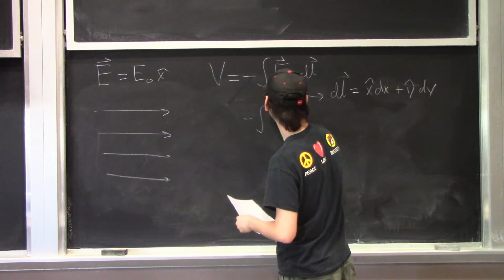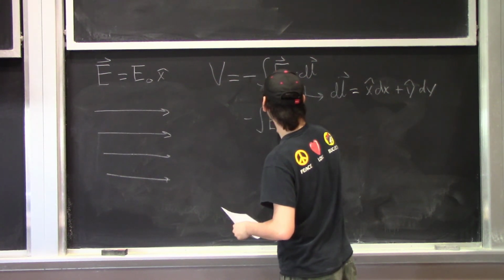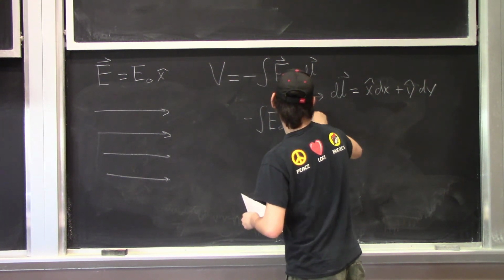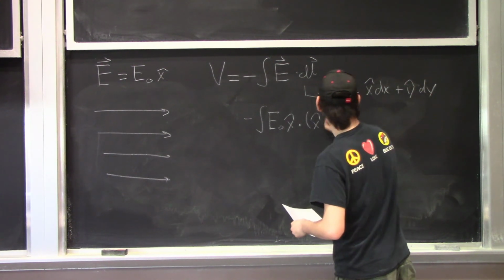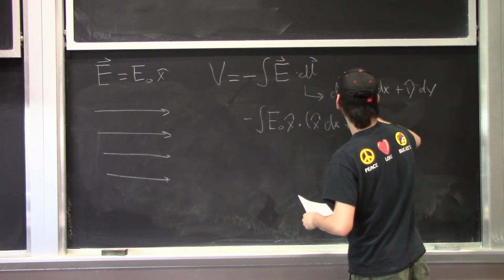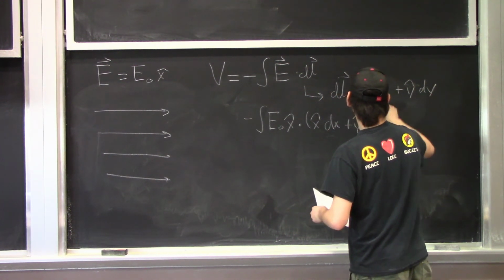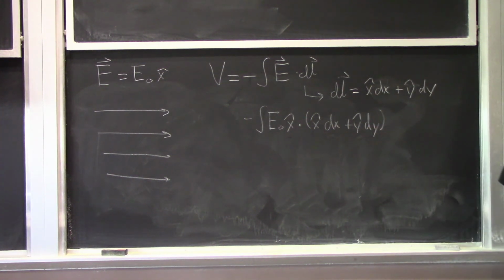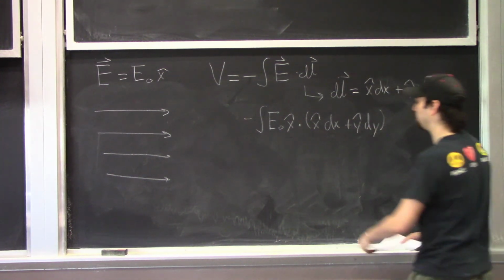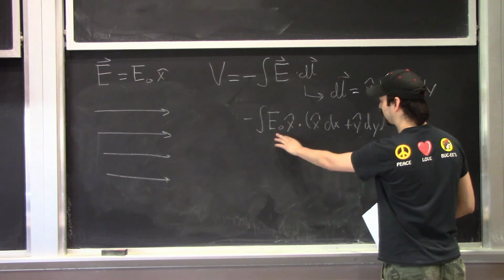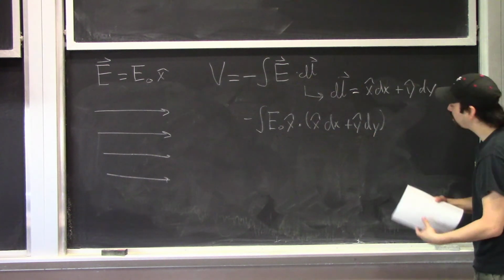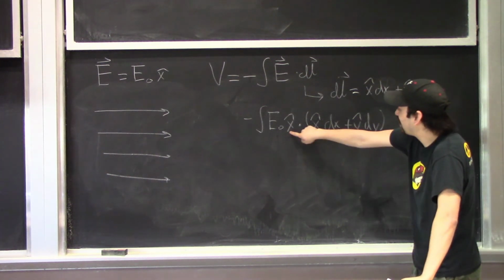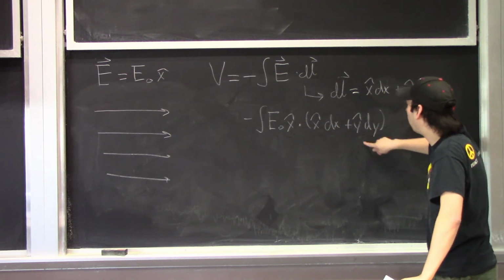And so what we see is this is the integral of E0 x hat dot (x hat dx plus y hat dy). And so what we would do from here is expand this so that we would have this E0 x hat times each one of these terms. But when we look at this, we're going to have an x hat dot x hat and an x hat dot y hat.